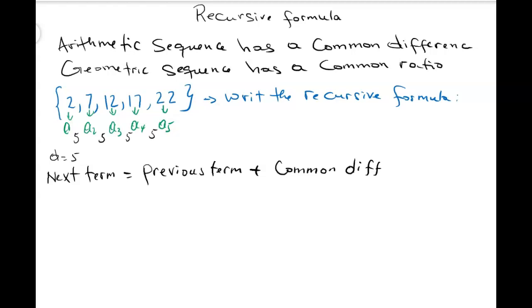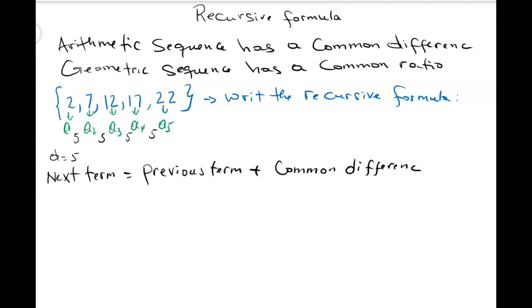Okay, what does that mean? If I want the fifth term, I have to do the fourth term. The term before the fifth term is the fourth term plus the common difference. If I want the second term, I have to do the first term, which is 2, plus the common difference, which is 5. So 2 plus 5 equals 7.